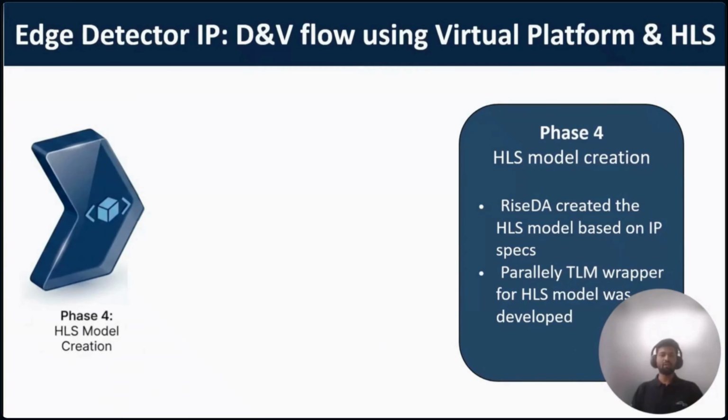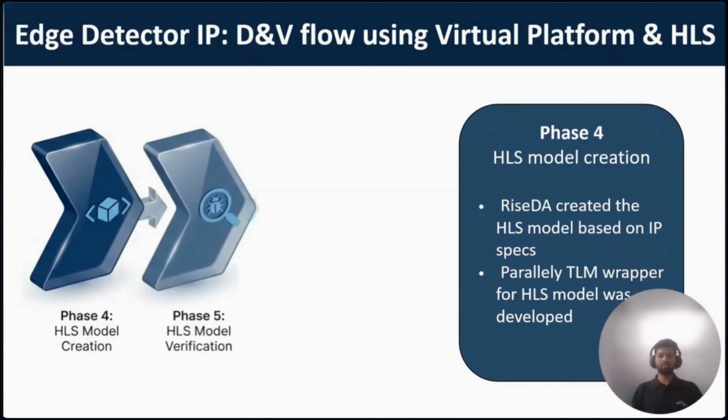In parallel, we developed a TLM adapter for the HLS implementation. This adapter wraps the HLS model so that it exposes the same TLM interfaces as our original TLM model. That's a critical design decision because it means that the HLS implementation is a drop-in replacement for the TLM model in any context that uses those interfaces.